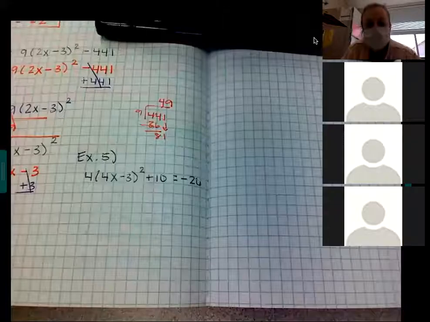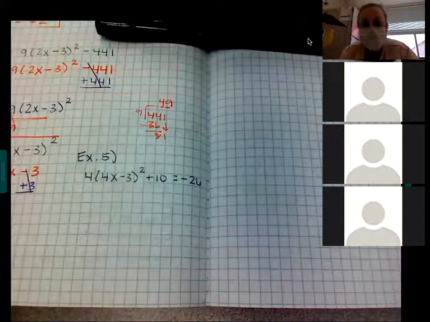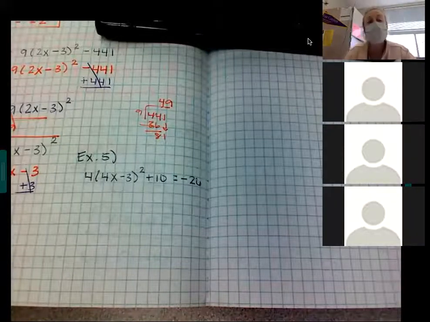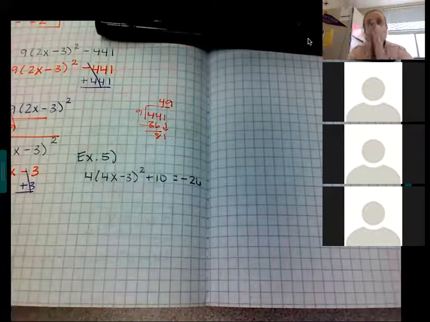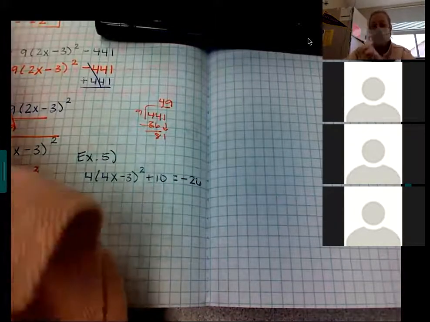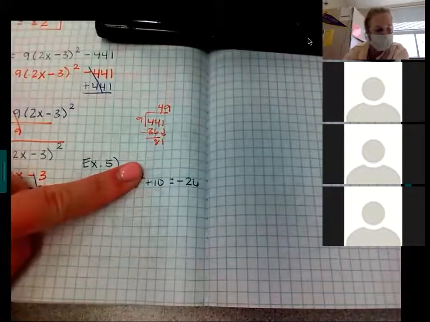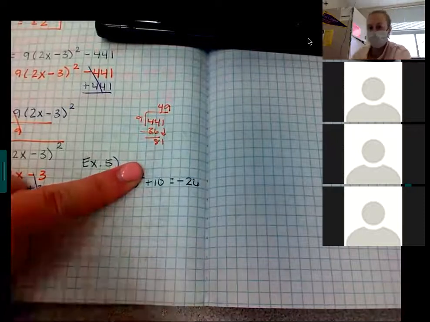So if you want, do y'all agree this one looks like it's in vertex form? Yes, vertex form, good. So if it's in vertex form, we're trying to get whatever's squared by itself. So I'm going to cover up wherever the squared term is. What do I need to move first? The 10. Good, so do y'all agree we're going to subtract 10?